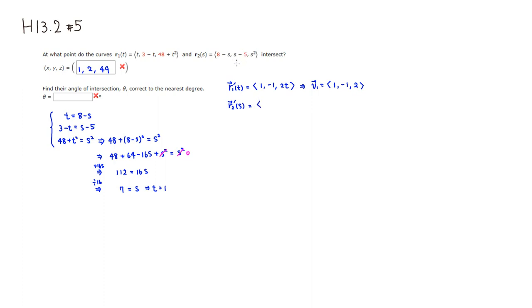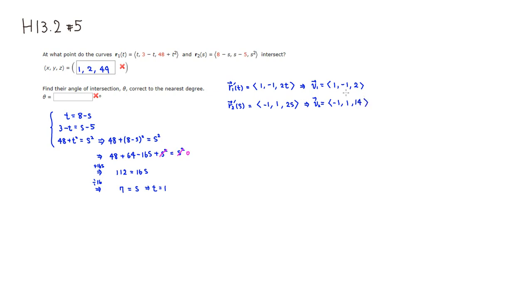The derivatives are negative 1, 1, and 2s. I'm going to call this the v2 direction vector at s equals 7. So you have negative 1, 1, and 2 times 7 is 14.